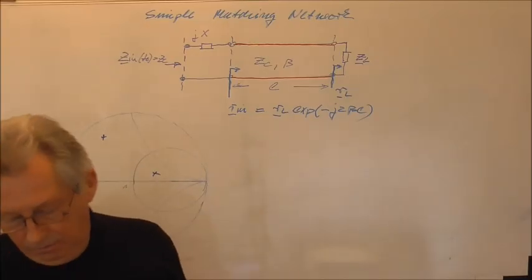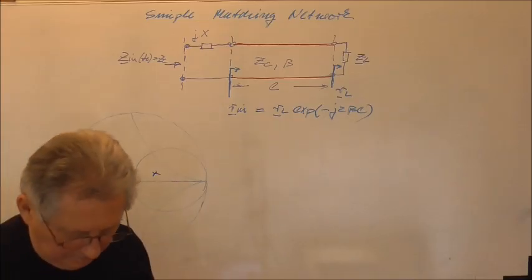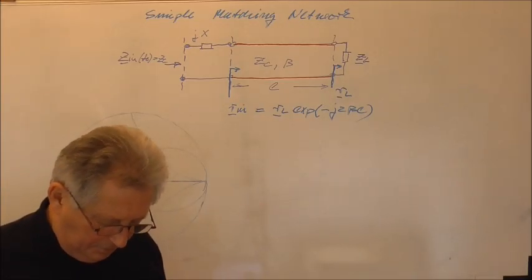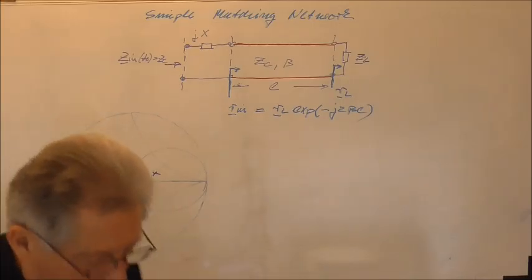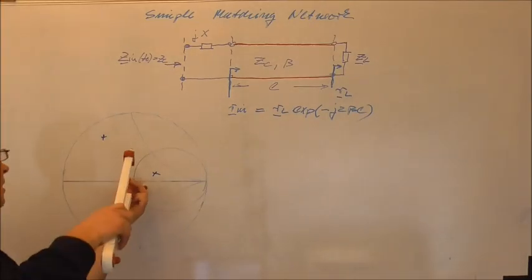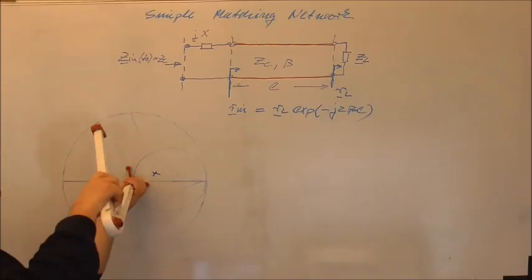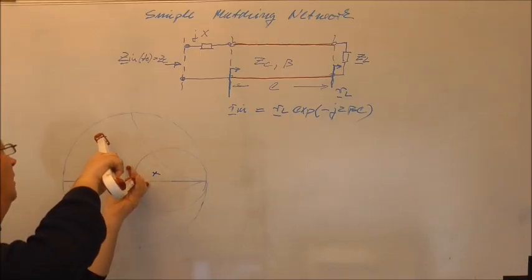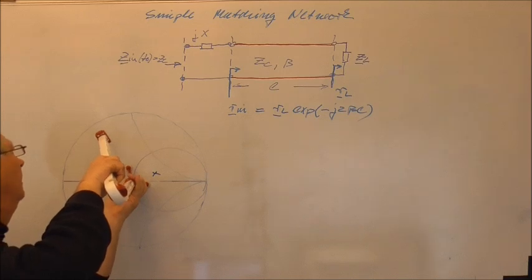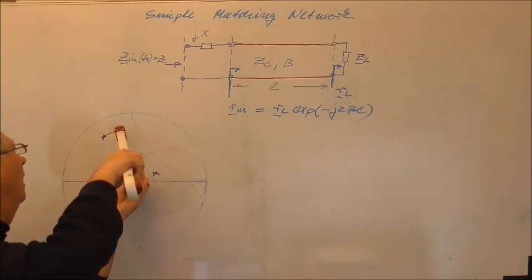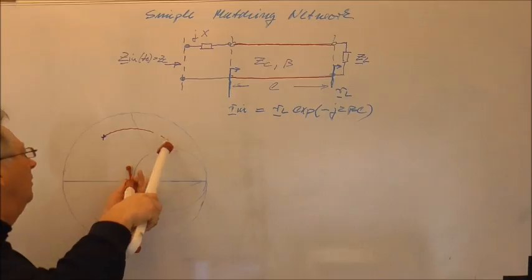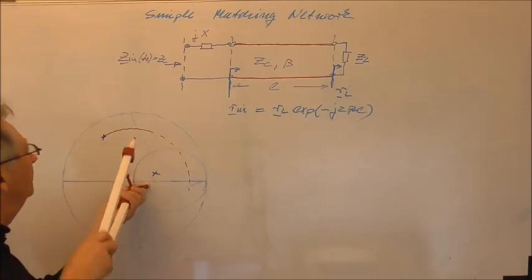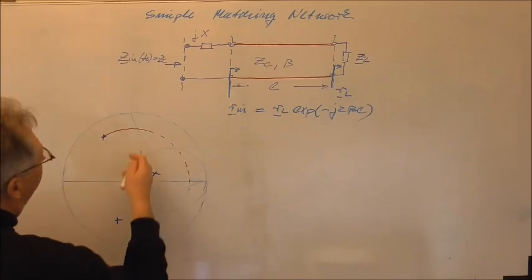Perhaps to make this more clear, I just draw some simple circuit here. If I connect my transmission line to this point, I can walk on this circle in this direction.